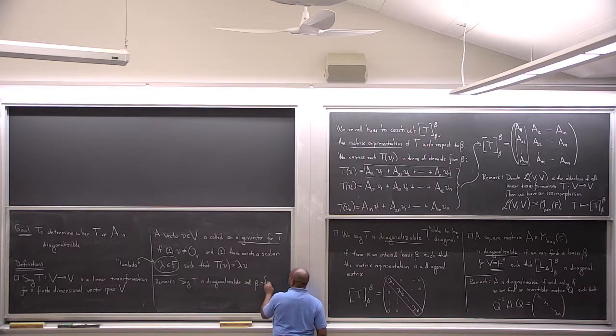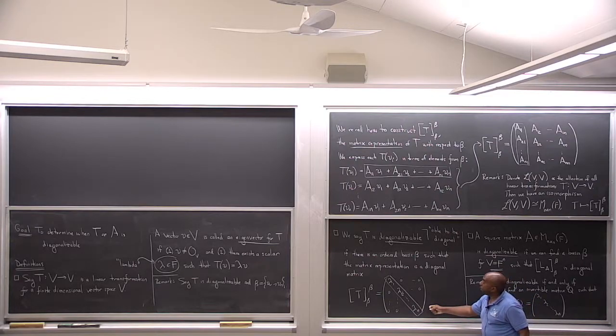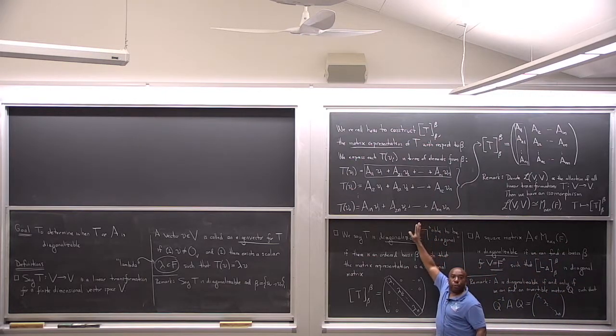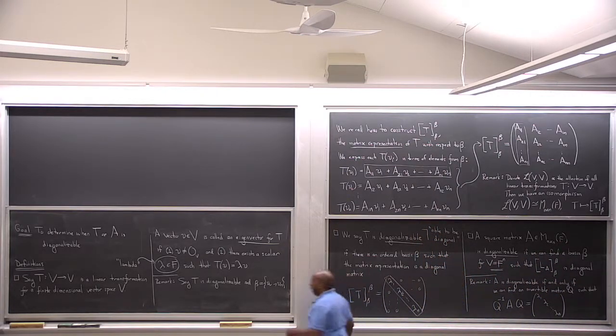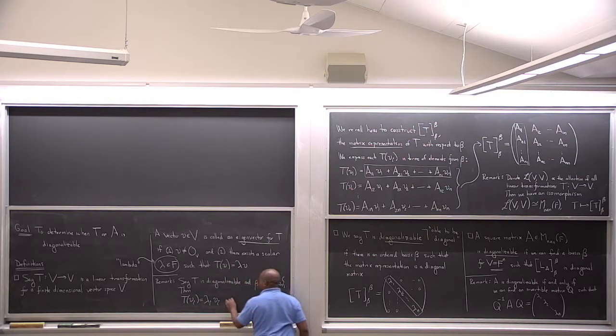So let's just quickly write: our T is diagonalizable, and let's say that beta is the basis that works in this way here. Now, if you stare at this, and remember how we define our matrix in terms of what happens with the vectors here, then this means that each T of Vi is lambda i times Vi.